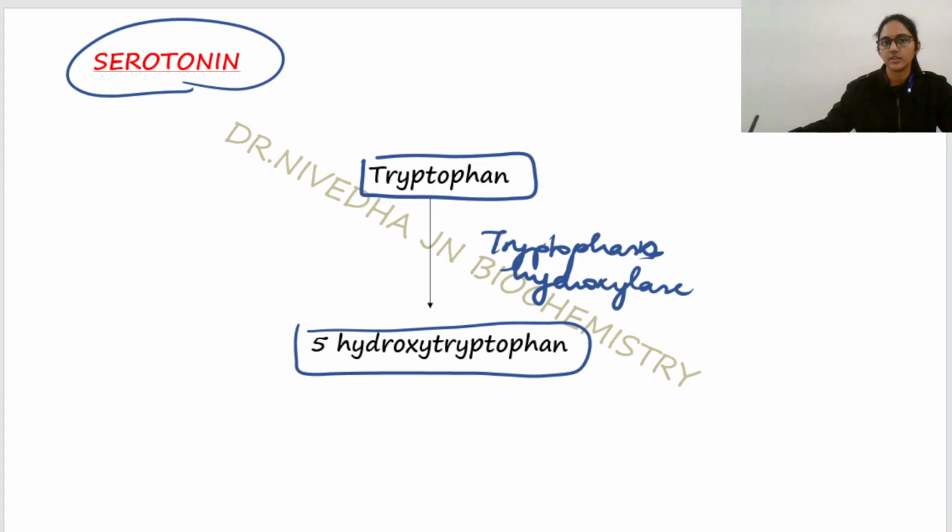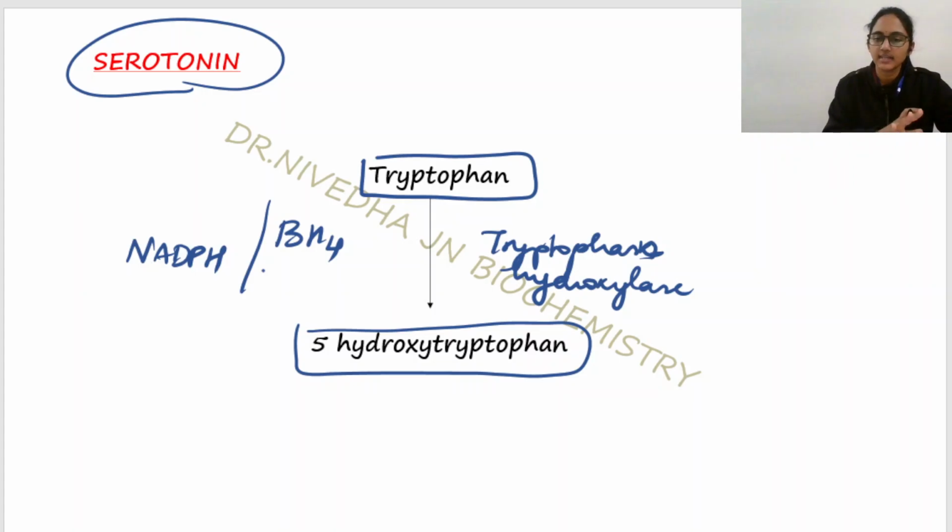What does it need? I had told you. It needs tetrahydrobiopterin. And for regenerating this tetrahydrobiopterin, you need NADPH. This is similar to phenylalanine hydroxylase and tyrosine hydroxylase, which you have seen in tyrosine and phenylalanine metabolism.